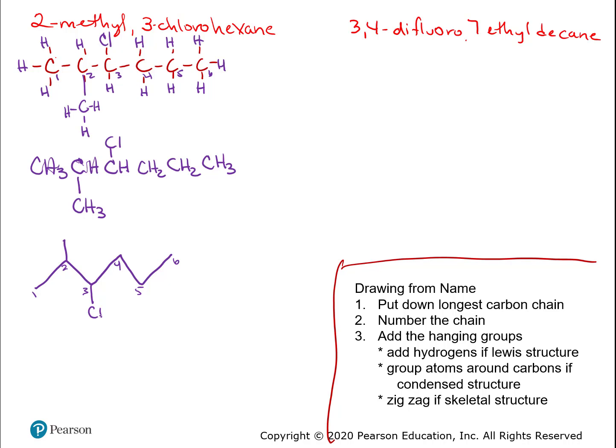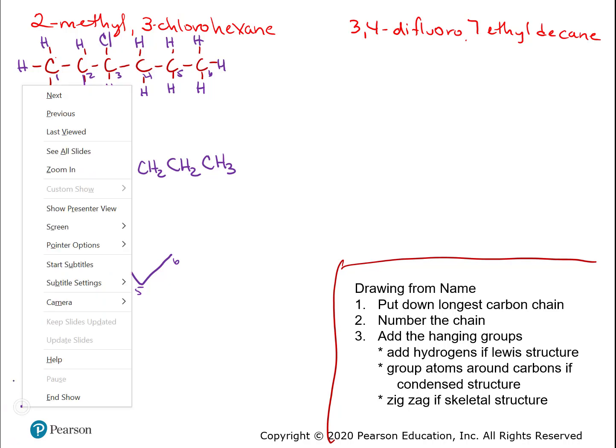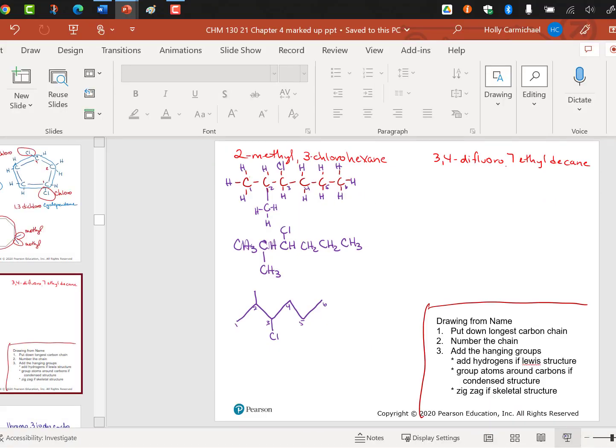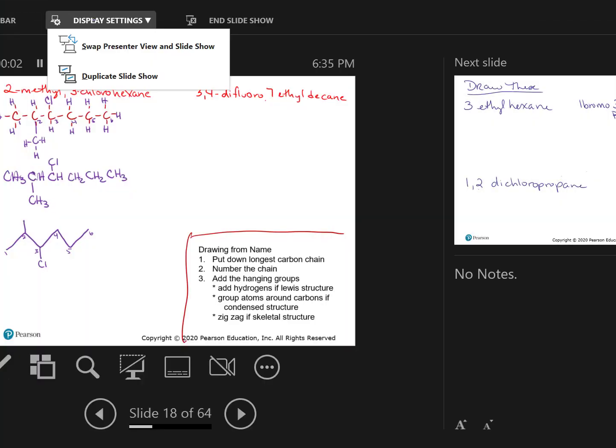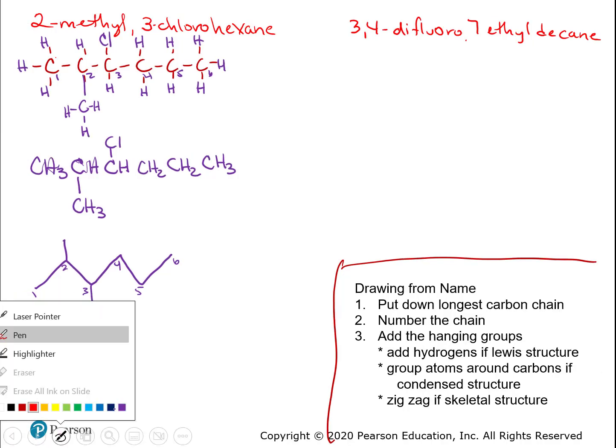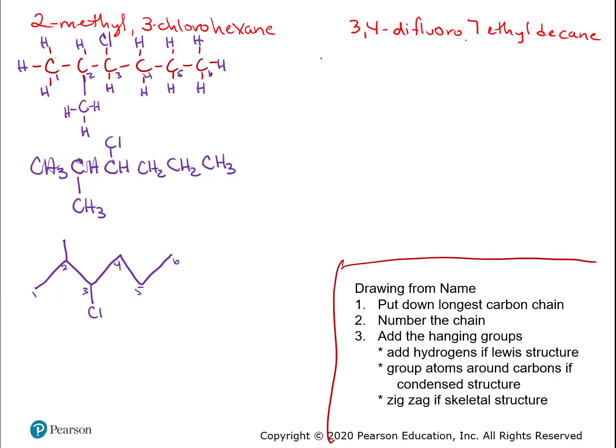Okay, so try this one. It's decane. What do you got to do? You got to put 10. How many? 1, 2, 3, 4, 5, 6, 7, 8, 9, 10.